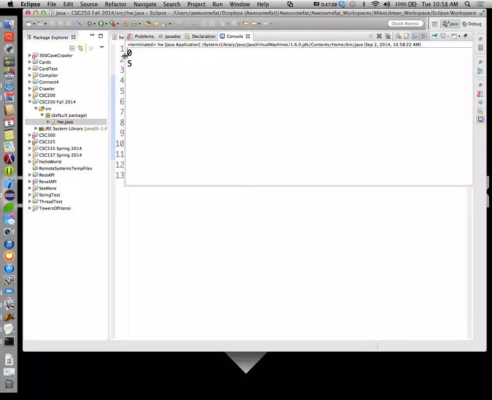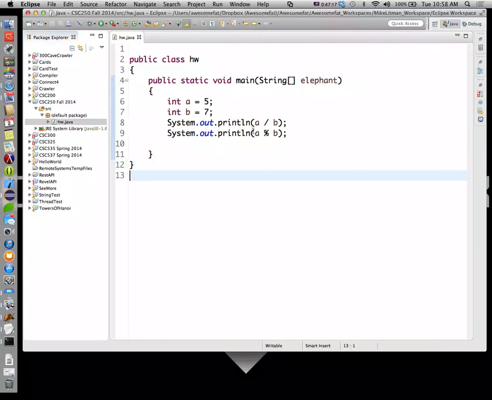That's going to give us a 0, and it's going to give us the 5. That make sense? So these two operators, when we're dealing with integer math, work hand in hand. One gives us the division side of it. The other one gives us the remainder side of it.